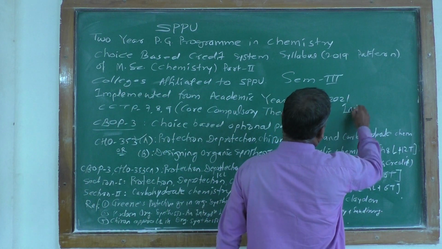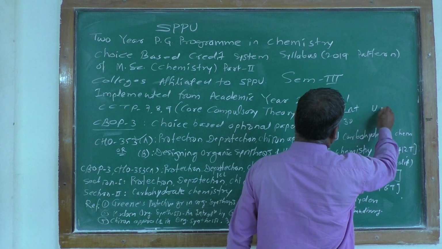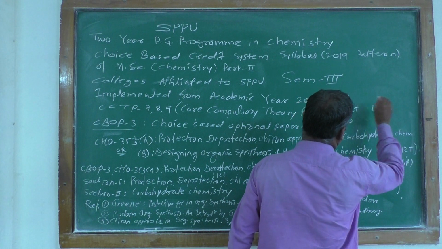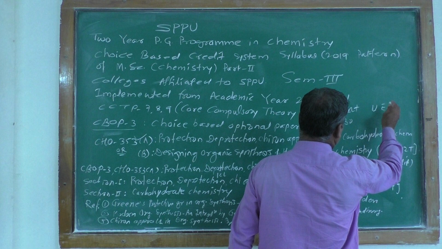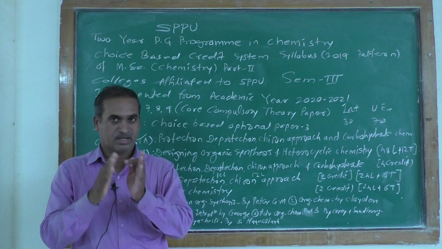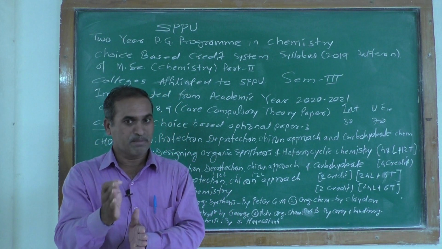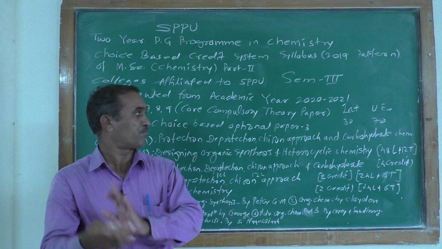Internal has a maximum of 30, and the university exam 70, so the total becomes 100. Out of 100 you require a minimum of 40 marks for passing.